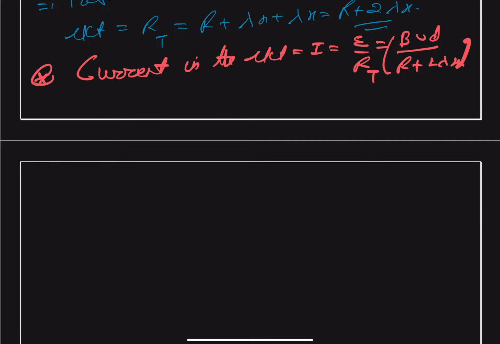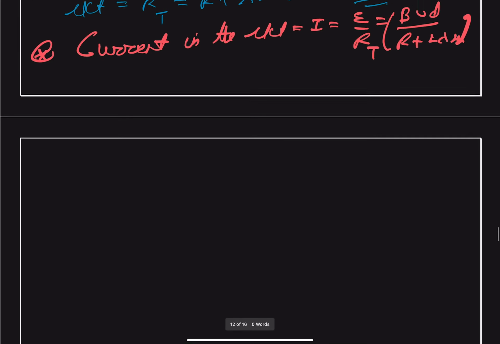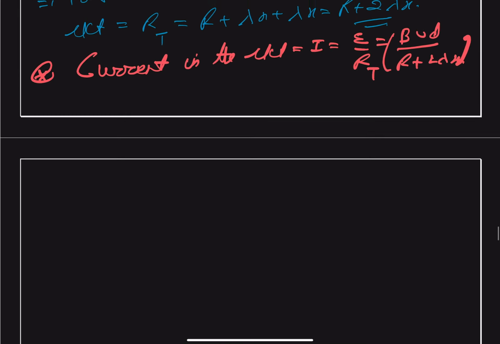Now we can find out the value of x from this particular equation, or rather the velocity as a function of time.